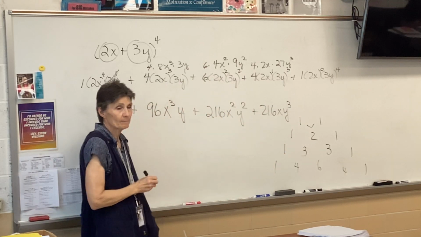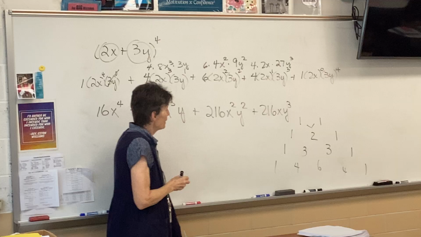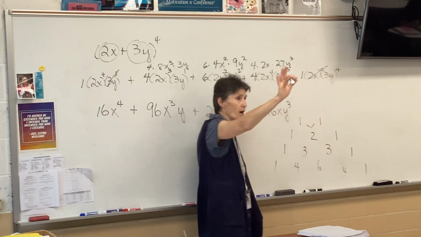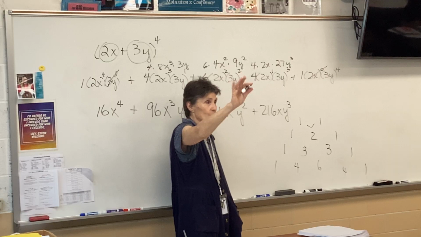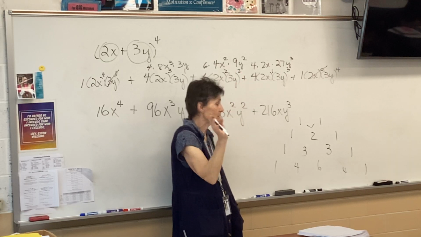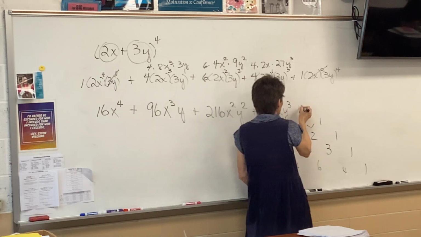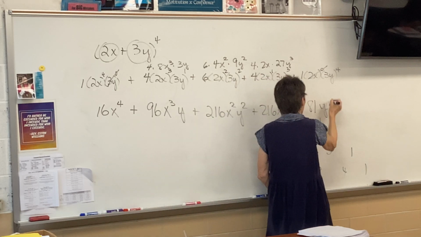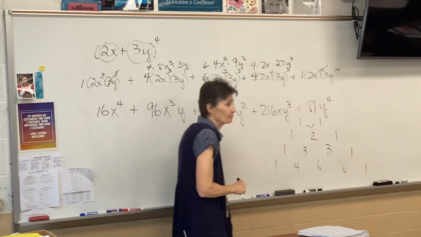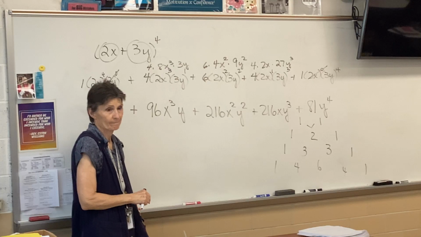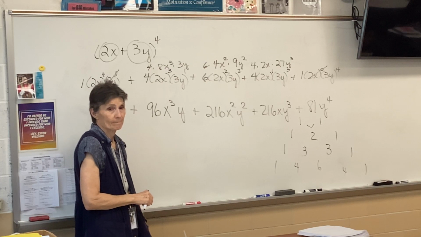You get whatever you get. And then on the end, to the 0 is gone. Anything to the 0 is 1, so multiplying by 1 doesn't change anything, you just disregard it. And what's that last term gonna be? 81, y to the 4th. Okay?